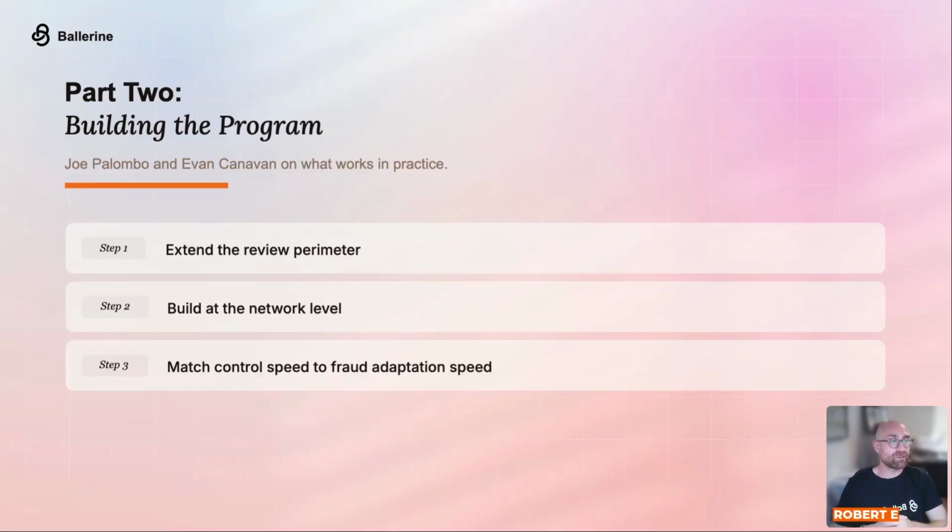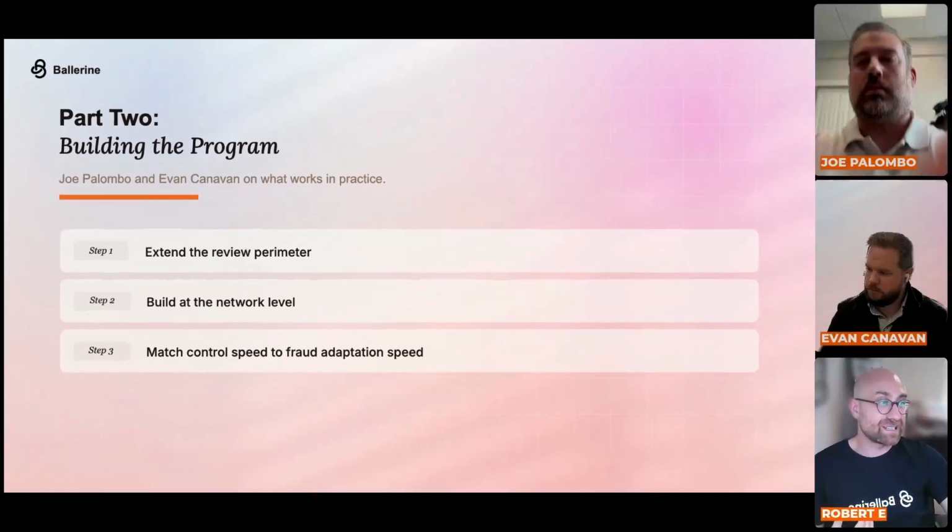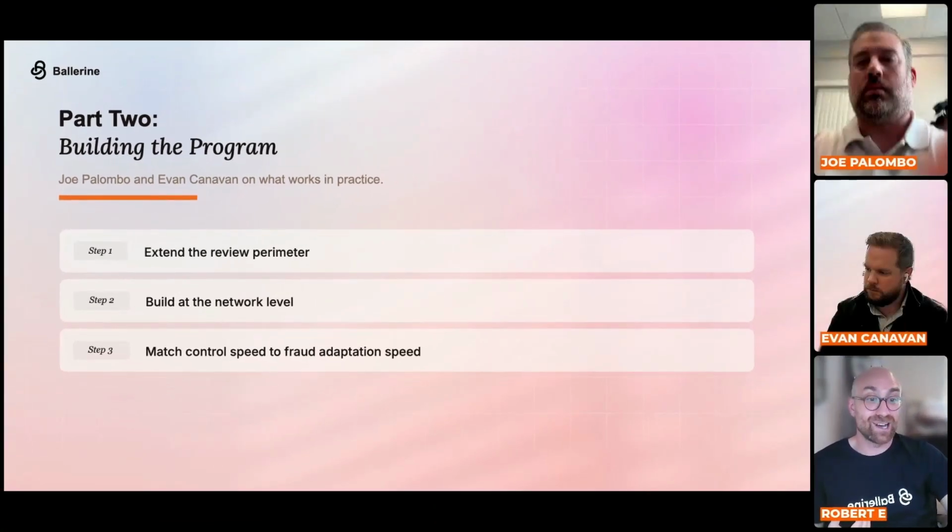And what does it mean in a practical sense when you're actually going to implement these things in your day-to-day? So without further ado, I'm going to hand it over and ask some questions of Joe and Evan that are going to help break down different aspects of merchant risk analysis.